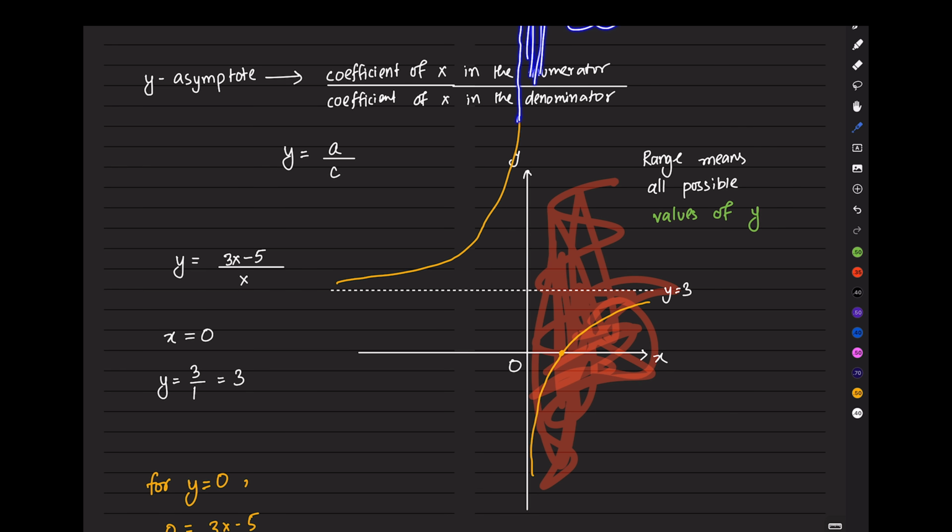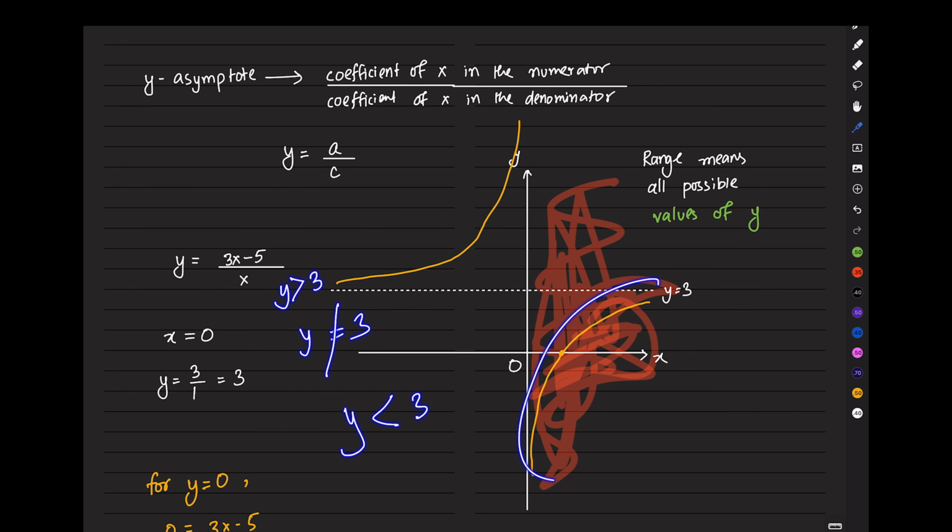Now, is there a minimum value of y? There is. y can never be equal to 3. y is always greater than 3, or y is never less than 3.